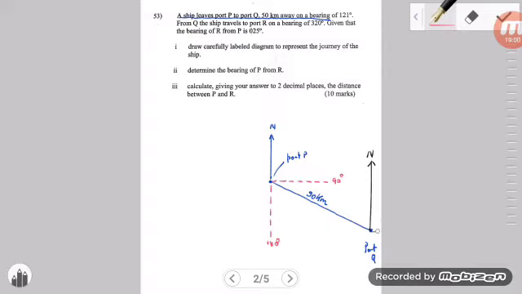I'm going to have my 180 degrees going south. That's my 180 degrees, and I'm going to need my 270 degrees here.